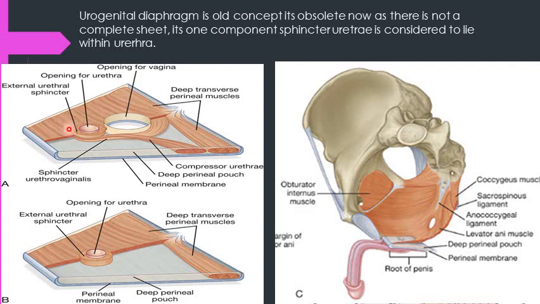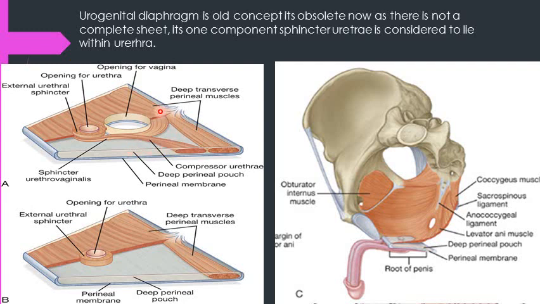As well as it has the sphincter urethrae muscle, which is going to encircle the urethra, and then it makes this one, which is the sphincter vaginae, and then this compressor urethrae. So these two, the sphincter urethrae and the deep transverse perineal muscle, along with the perineal membrane, in the old concept were making up the urogenital diaphragm.